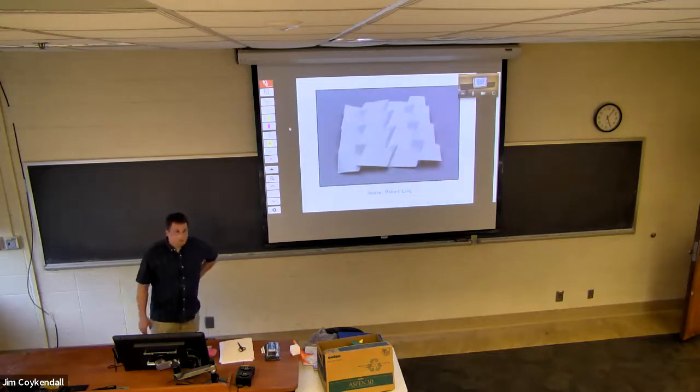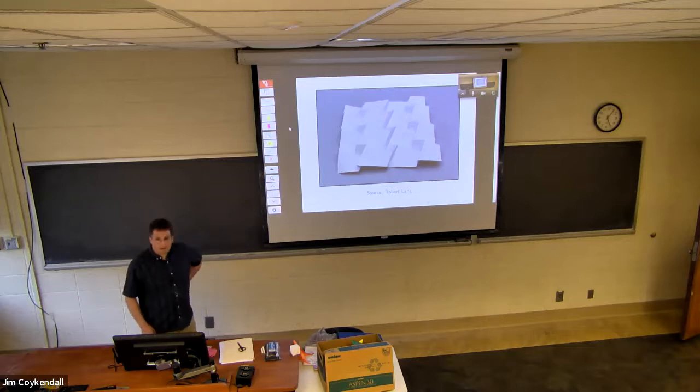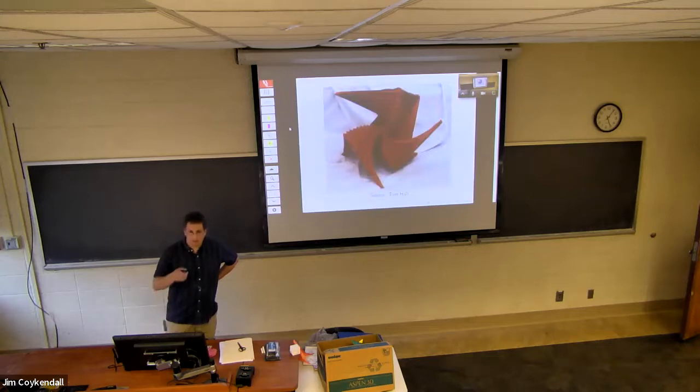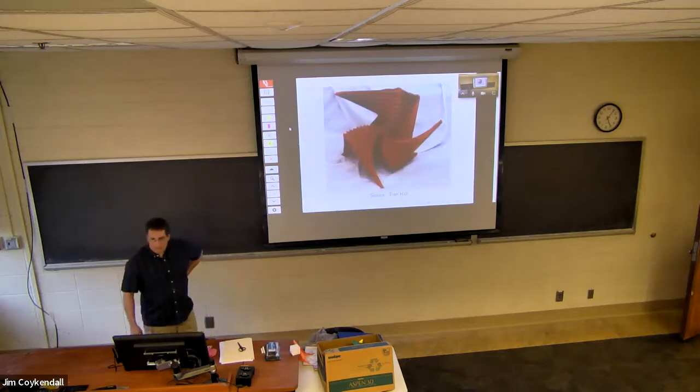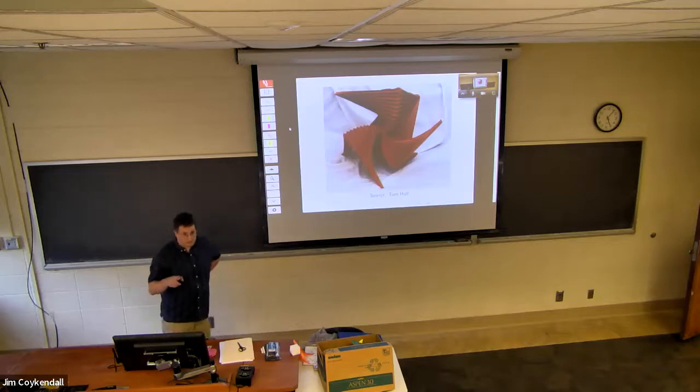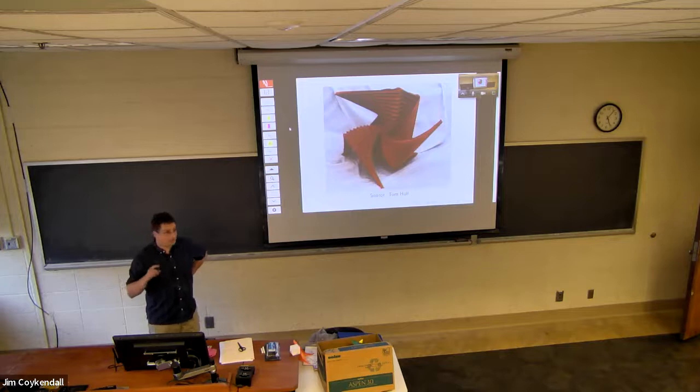Another cool mathematically inspired origami. Another one. That one is kind of similar to the hyperbolic paraboloids that are being passed around, except a little more complicated. So that one's by Tom Hull. Tom Hull is a mathematician first and an origami expert second, I'd say.